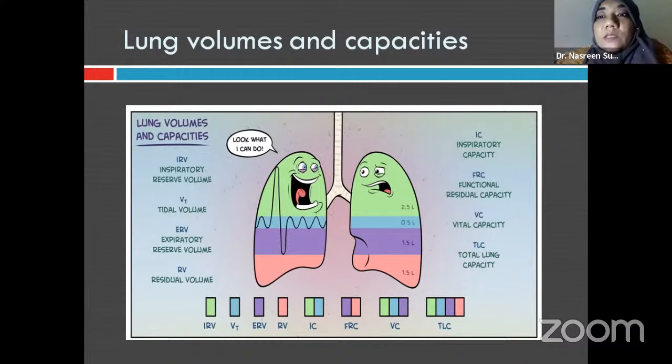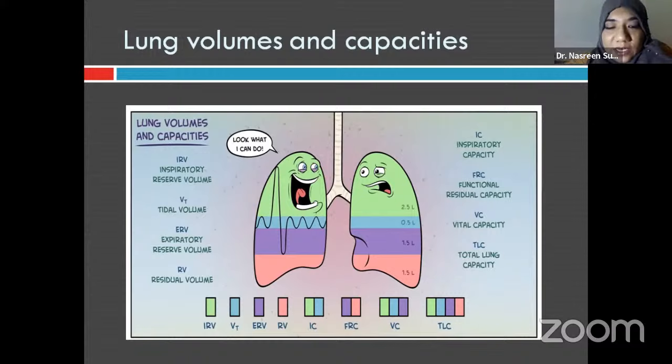Yes, that is deep breathing. After normal breathing, how much extra amount of air can you take inside during deep inhalation? That is called IRV.